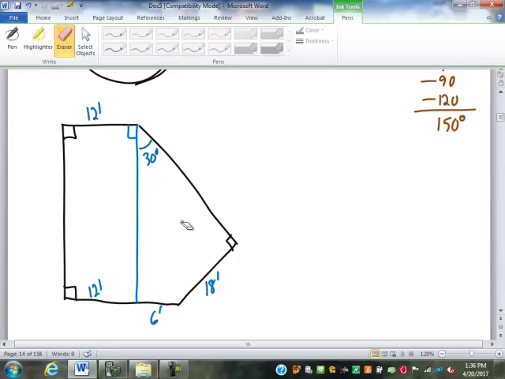What do you do? We know this angle down here has to be what? 150. We know that much.